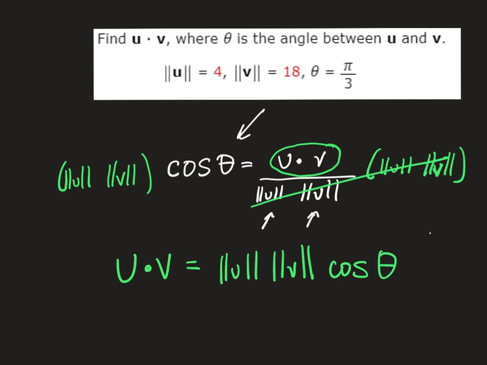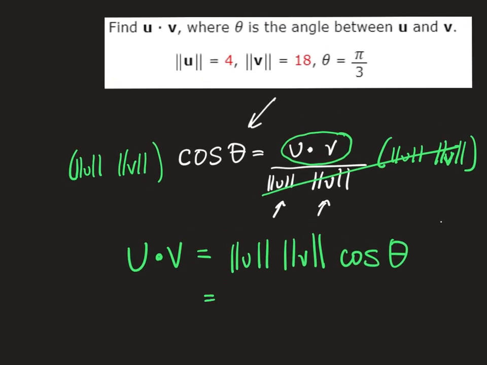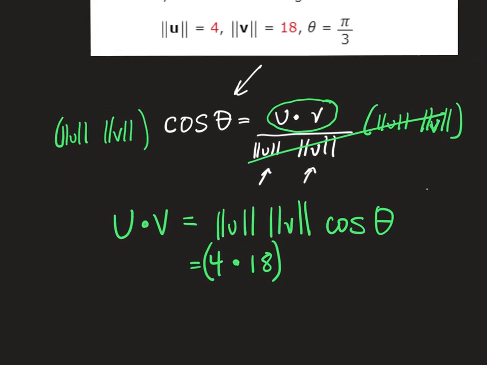So in this case, they gave us that the magnitude of u was 4. They told me that the magnitude of v is 18, so 4 times 18, and then cosine theta. You could do cosine theta in your calculators, and you'd get cosine of pi over 3, which is 60 degrees, is 0.5 or 1/2.